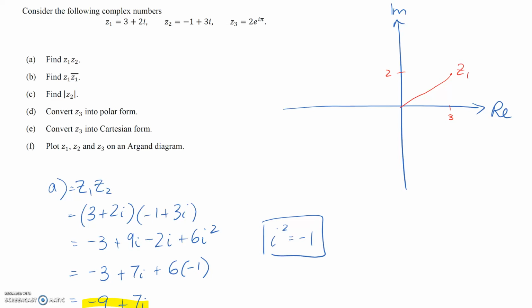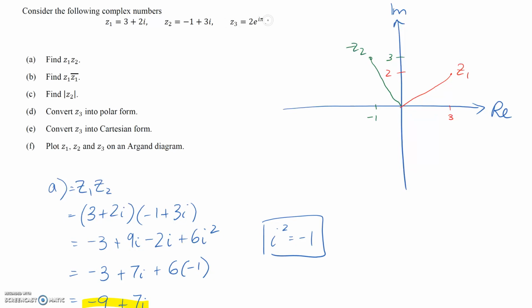Might use a different colour. So Z2, it's going to be -1 on the real axis and 3 up on the imaginary one. So where those points intersect, that is Z2.